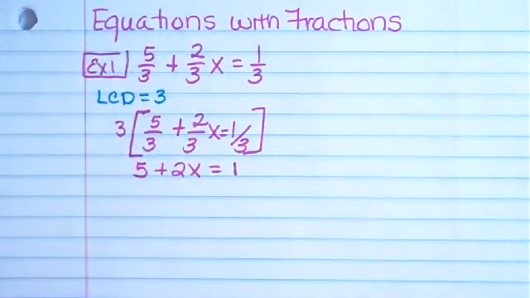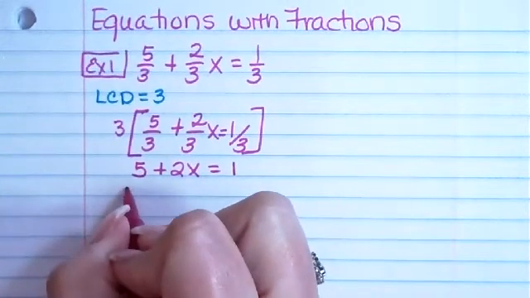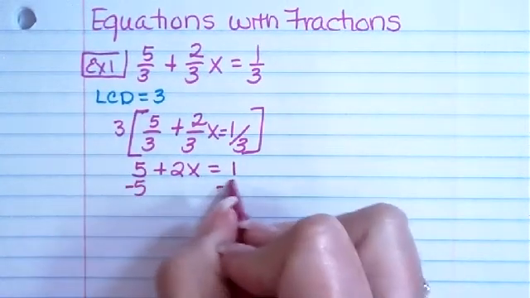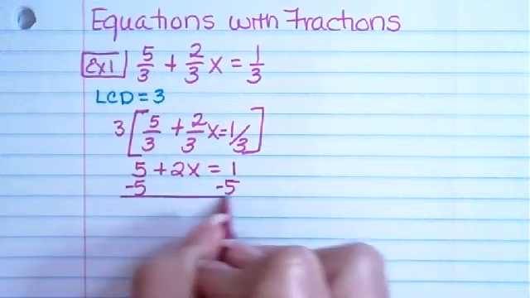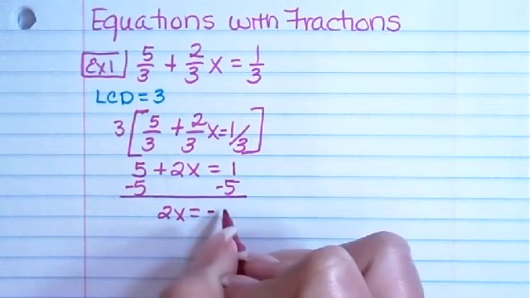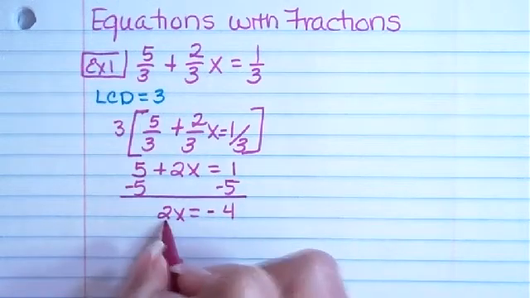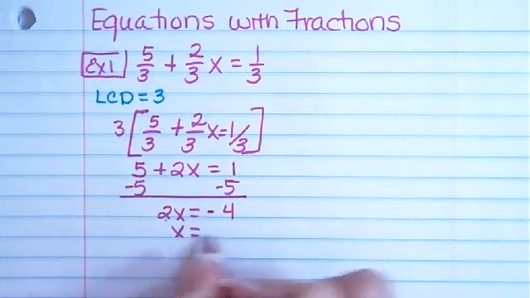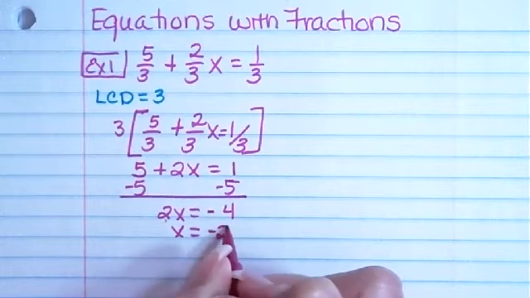Now what I've done is gotten rid of the fractions, so now I can just solve it using integers like we've always been doing. The next step is to subtract the 5 from both sides. That gives me 2x is equal to -4. When I divide by this 2, I get x is equal to -2.